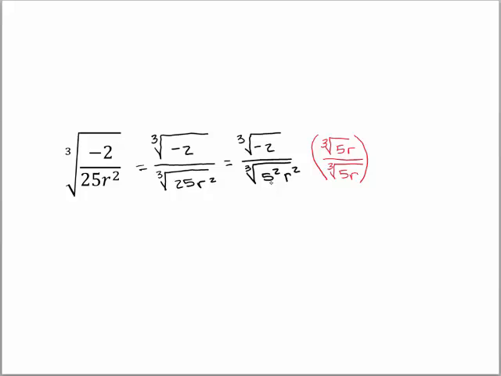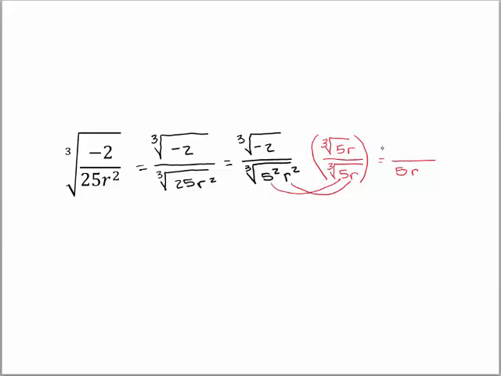Now what this does is it gives us 2 5s here and a 5 here, so that can come out of the radical sign as 5. We have 2 r's and 1 r here, so that can come out as r. Okay, this is what's called rationalizing the denominator. Actually, what we're doing is getting rid of the radical in the denominator so that it's easy to work with. You cannot have radicals in the denominator.